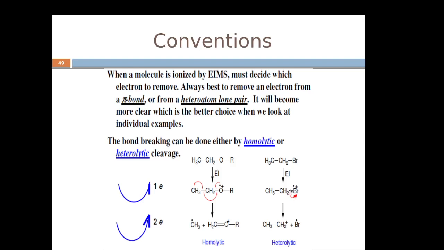So the two electrons that shift towards bromine will neutralize the positive character here, making this one a bromine radical and this one a cation. So this is a heterolytic cleavage mechanism. The type of fragment that forms out of a fragmentation process depends upon whether the molecule undergoes a homolytic or heterolytic cleavage mechanism.